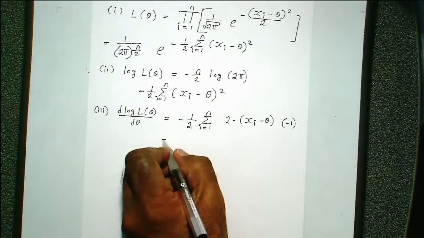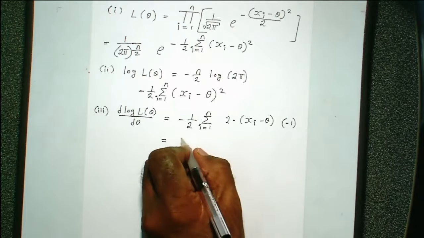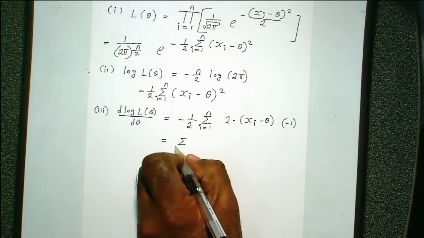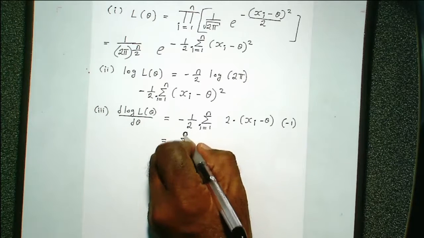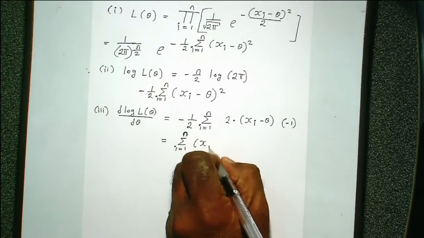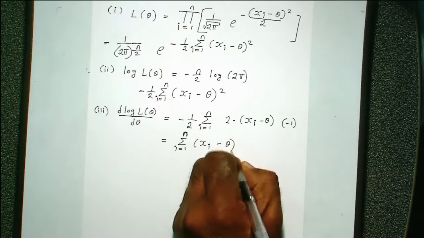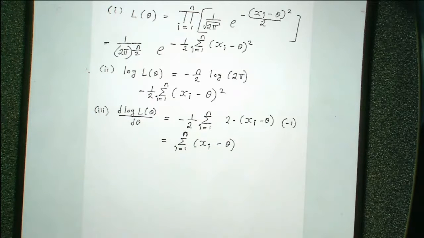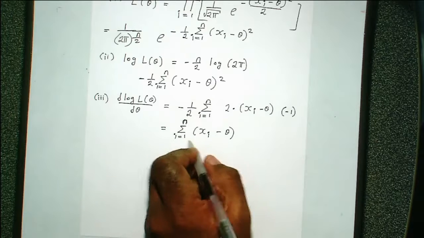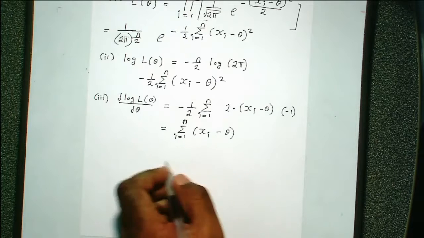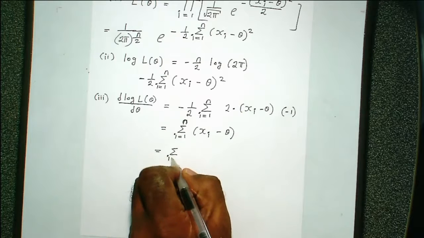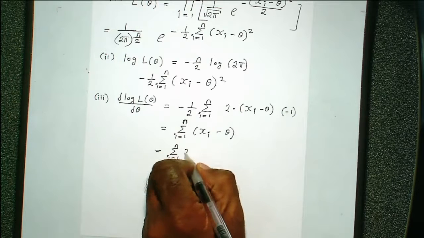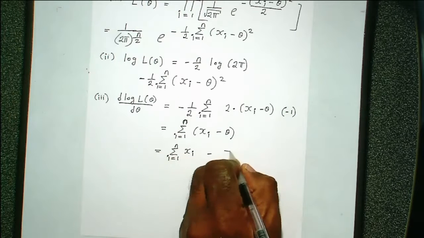And if you simplify this, you get the sum, and if you take the sum inside the brackets, you get 2 sums: the sum of xi minus the sum of theta.